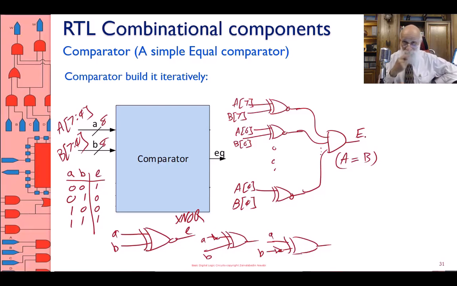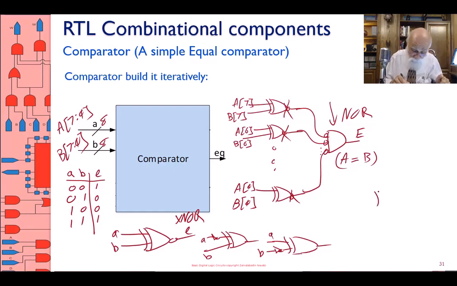What if I remove these bubbles from the output of the XORs and make them XNORs and then move them to these inputs? This becomes an OR gate. So one way of building an equal comparator is to have XNORs for as many bits as you have, and then put a big NOR gate in front.